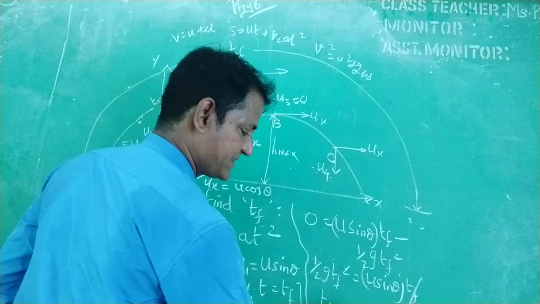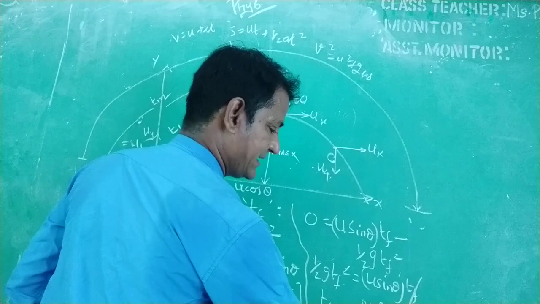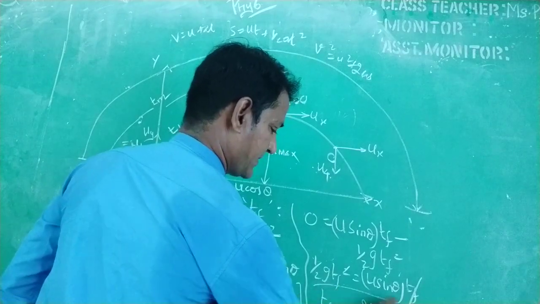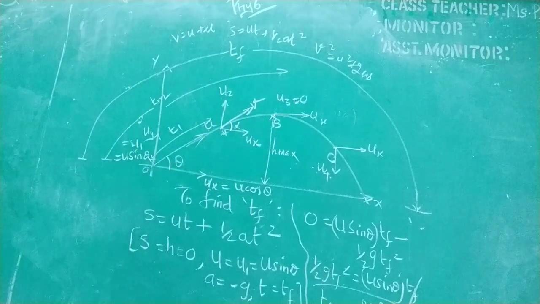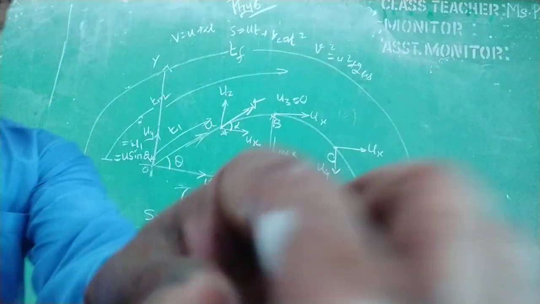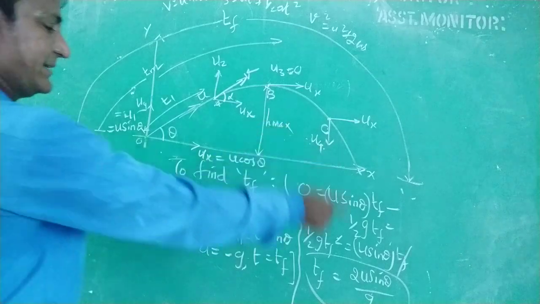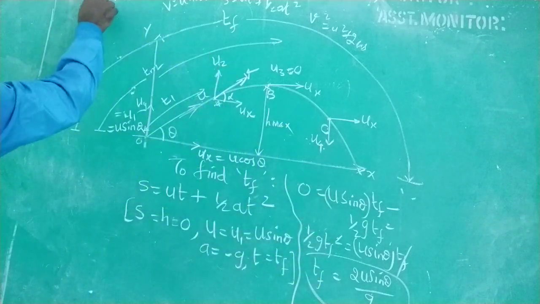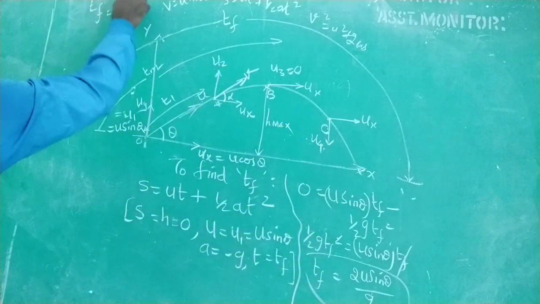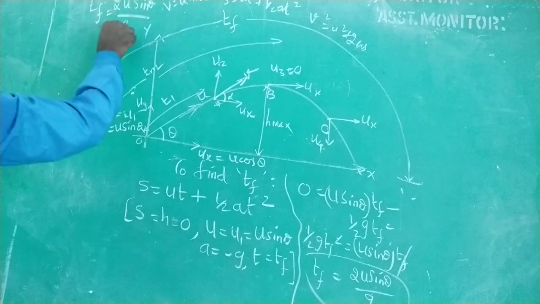So tf is equal to 2u sin theta by g. So this is the time of flight. Let me write the time of flight here: 2u sin theta by g.